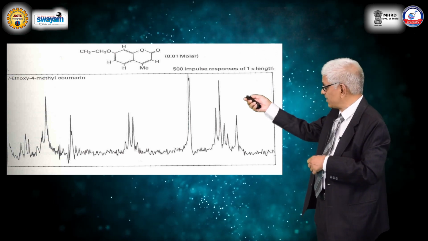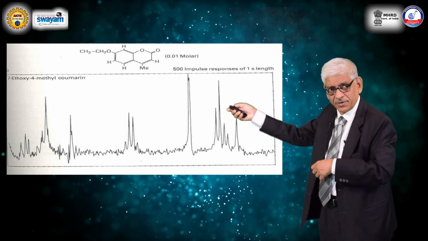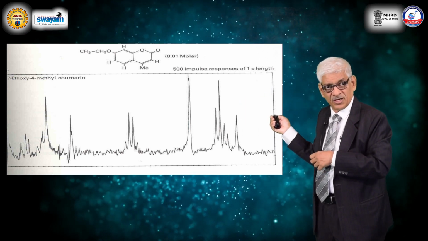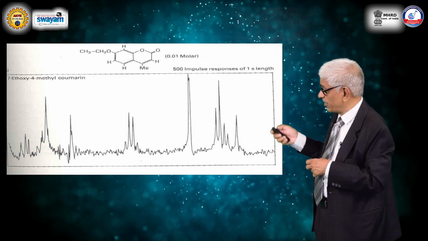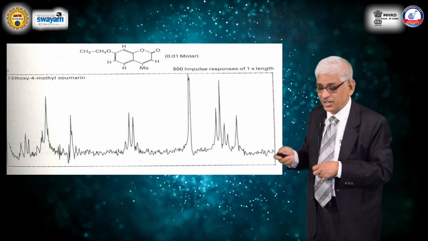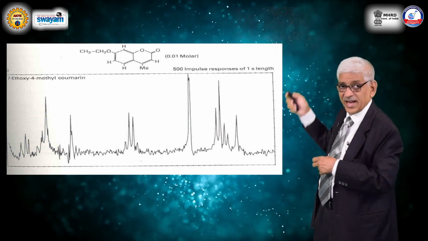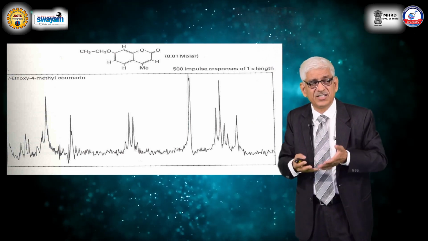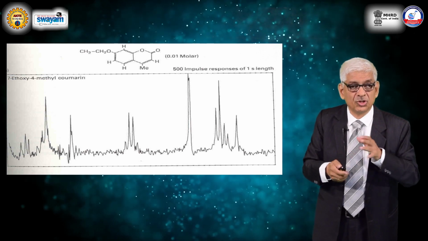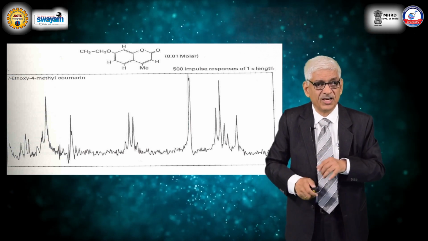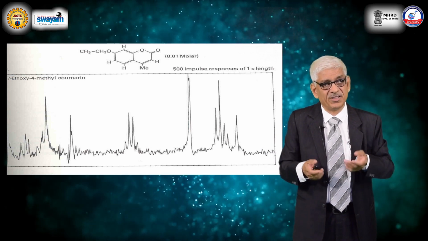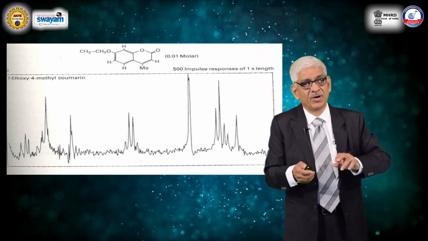It took 500 seconds to scan through the entire spectrum, sweeping the magnetic field. Now in the same time, the Fourier transform NMR gave you the spectrum which is given in the top portion of the slide, and that is a significant increase in the signal to noise ratio. So this was a fantastic revolution. It is recorded in the same amount of time, and therefore you have a great enhancement in the sensitivity of your NMR spectrometer.